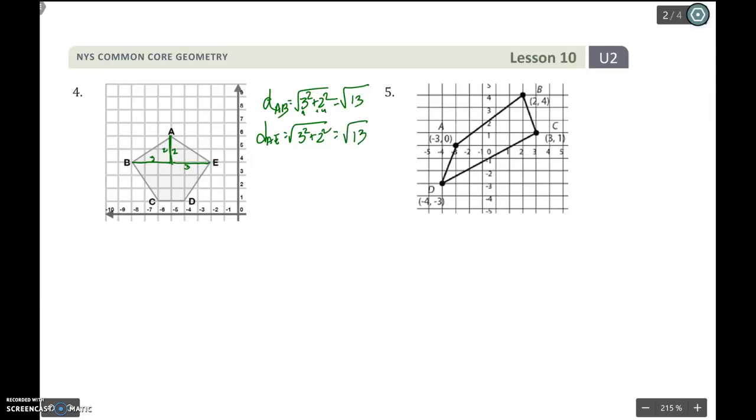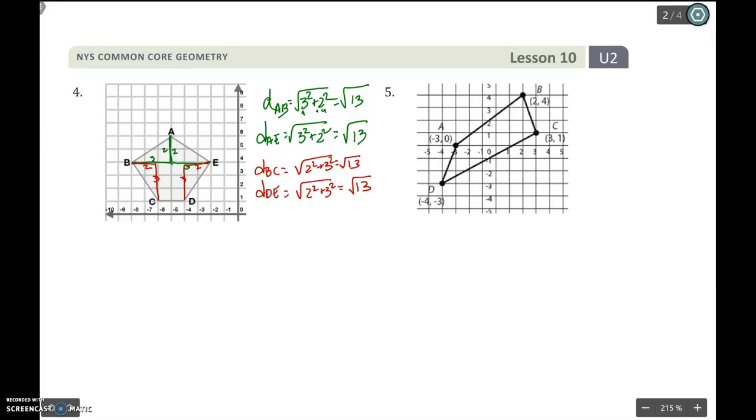Same thing here. And then when you look at here, we have a vertical change of 3 and a horizontal change of 2. Same thing here. So with these ones, BC and DE, you're actually getting the same numbers. So you're going to get a radical 13 on this one as well, and also on DE.